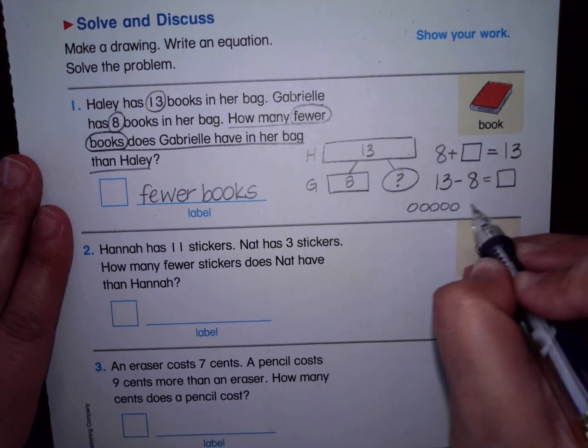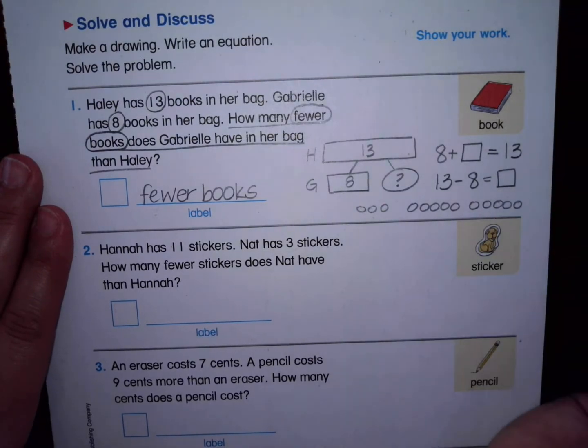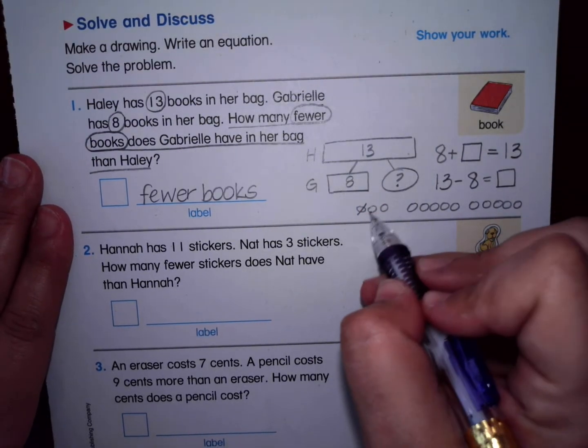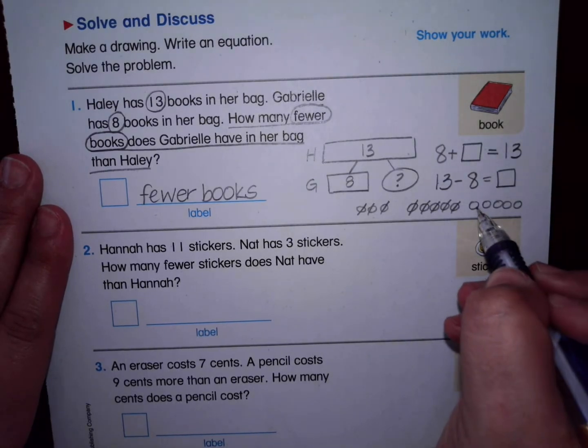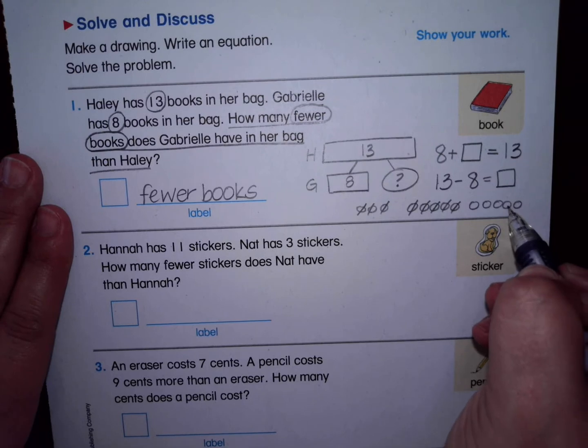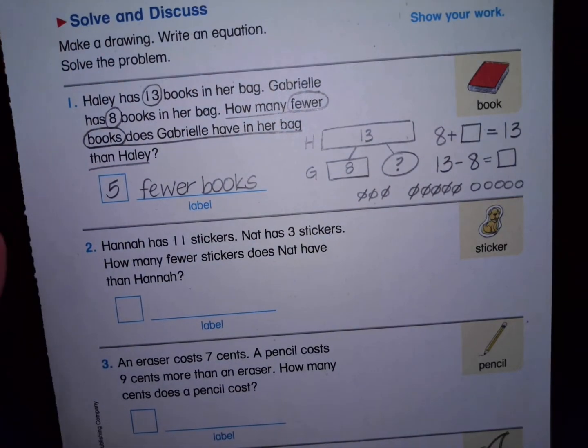Either way, when I cross off 8 of them, you are going to get an answer of 1, 2, 3, 4, and 5. So 5 fewer books.